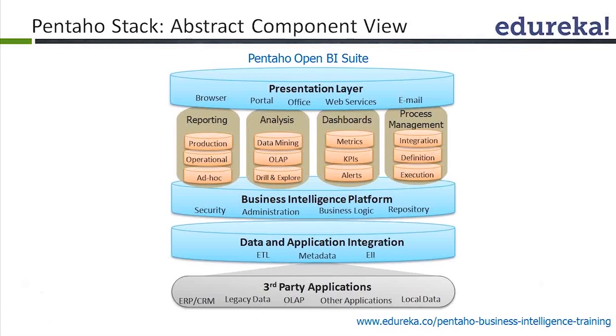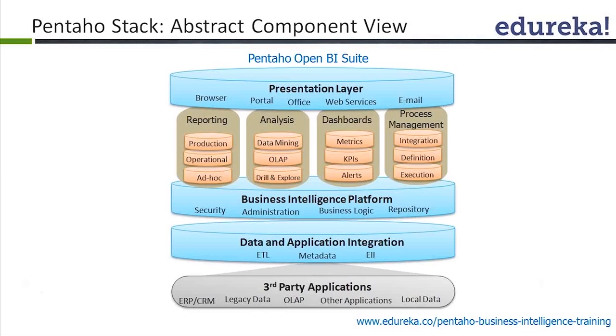Okay, so this is the Pentaho stack abstract component view. Let's start from the bottom up. This is how the Pentaho architecture is. In day-to-day practical situations, you will have a lot of third-party applications deployed and hosted in your organization. Let's take the example of a beverage company, let's say Coca-Cola.